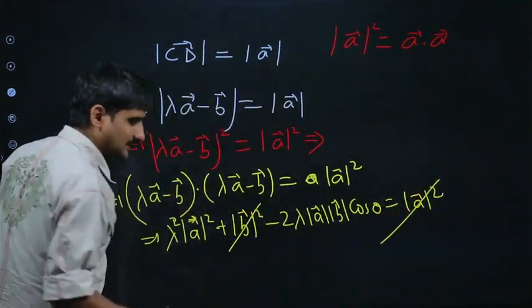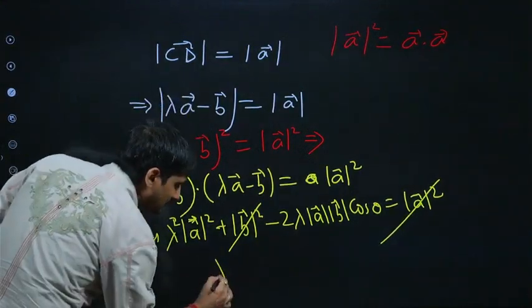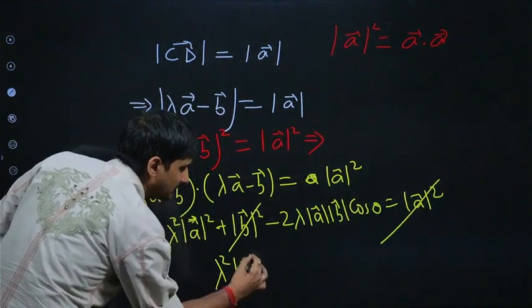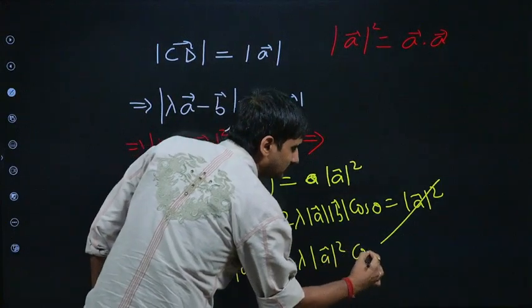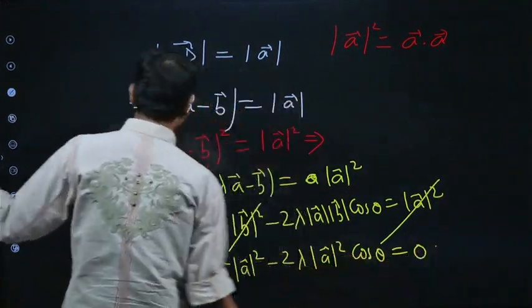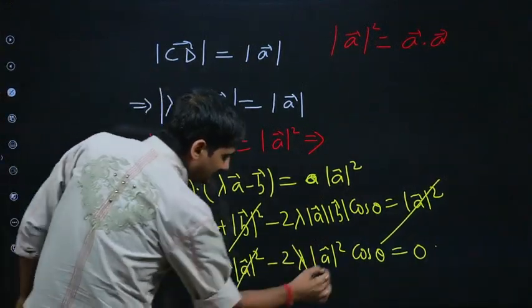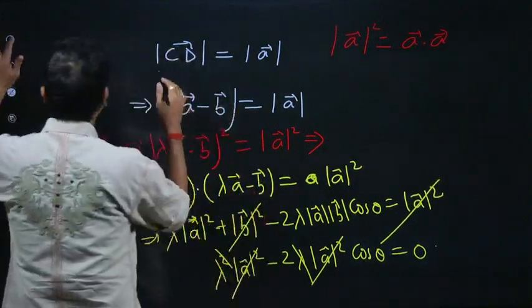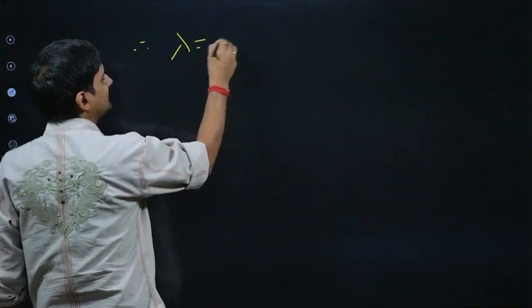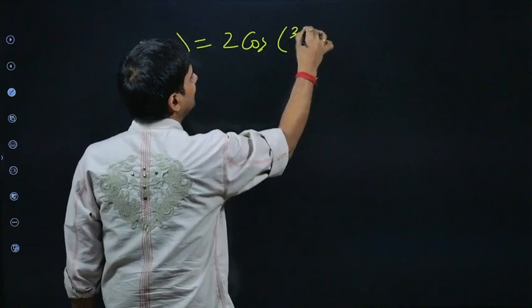Now this and this get cancelled because they are equal, and the magnitude of vector B is the same as the magnitude of vector A. So lambda squared times magnitude of A squared minus 2 times magnitude of A squared times cos theta is equal to 0. Cancel lambda, which is common, and the magnitude of A squared, which is also common, so you get lambda equal to 2 cos theta.